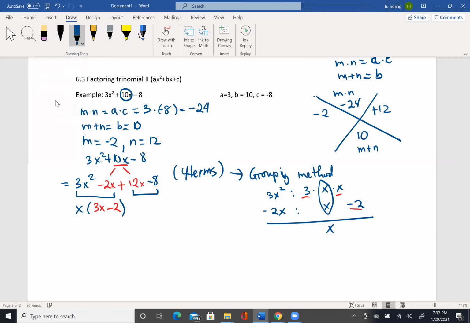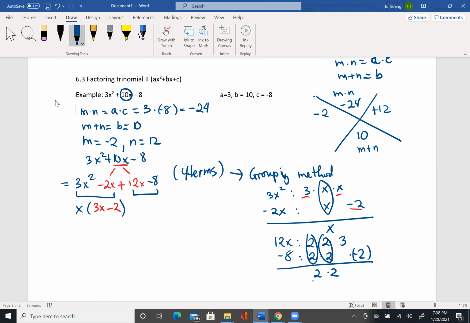So then you close this. And for the second group, you have 12x minus 8, right? So factor it: I have 2 times 2 times 3, and the second one is 2 times 2 times negative 2. So the common factor is 4.